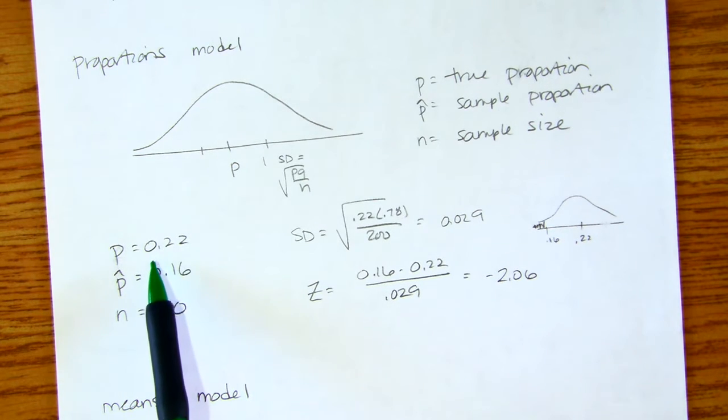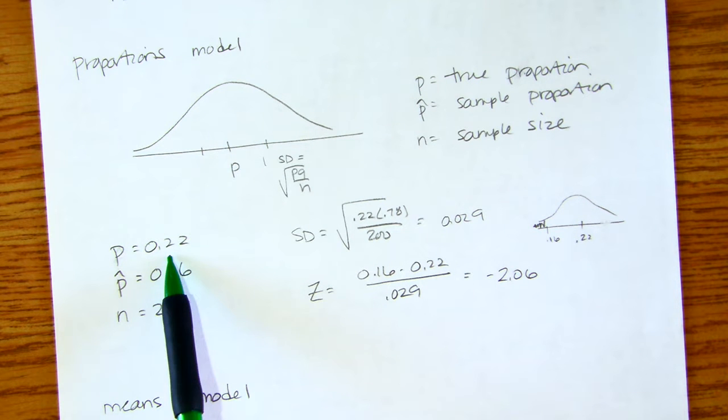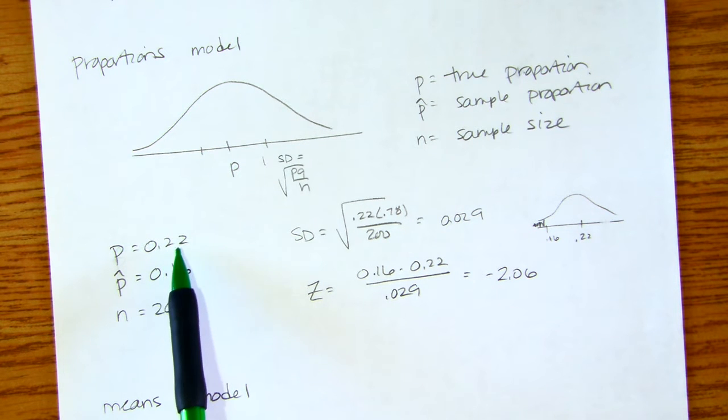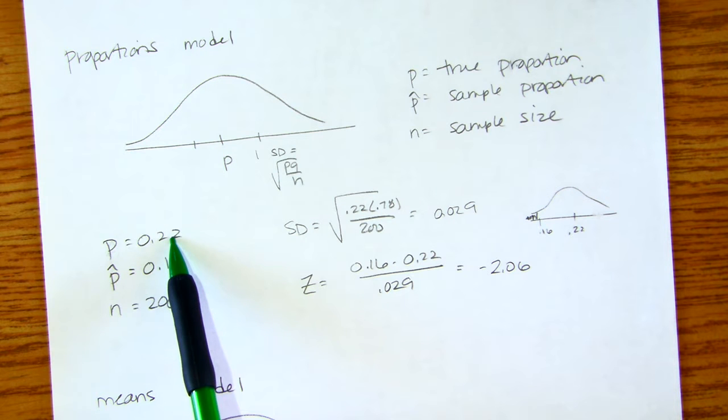So suppose the CDC reports that 22% of 18-year-old American women have a BMI that suggests they will have health risks. But then I go out and ask 18-year-old people to self-report. I ask 200 of them, and it turns out that only 16% of them have a BMI that would indicate health risks. I want to know how likely is that to happen if this is the true proportion.